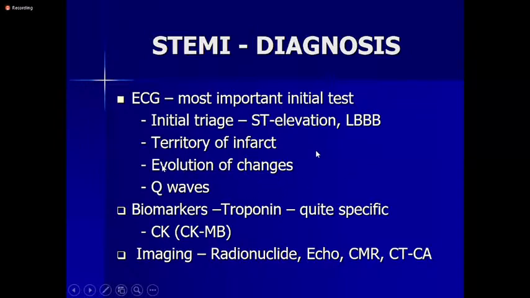The ECG also tells you the evolution of changes. I won't go into details, but there are initial changes and it evolves until finally what remains is what we call Q waves in the ECG. And in fact, previously, what we now call ST-elevation myocardial infarction used to be called Q wave myocardial infarction.